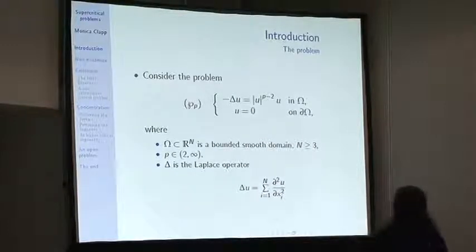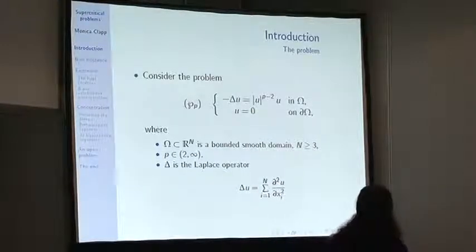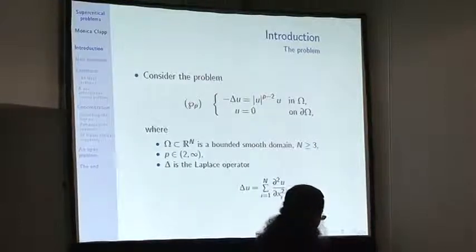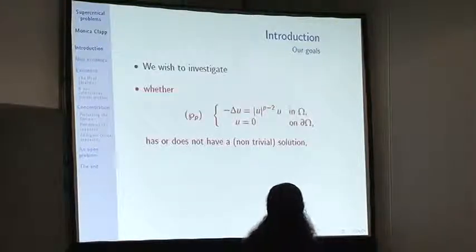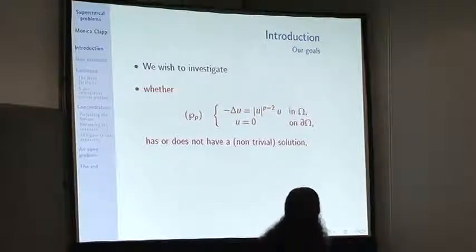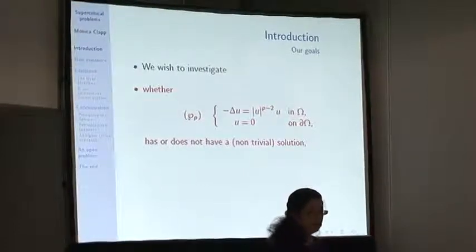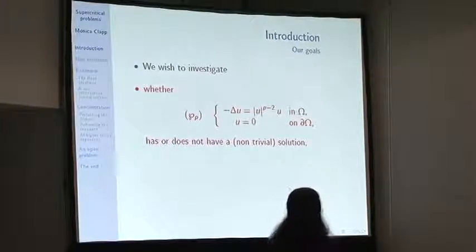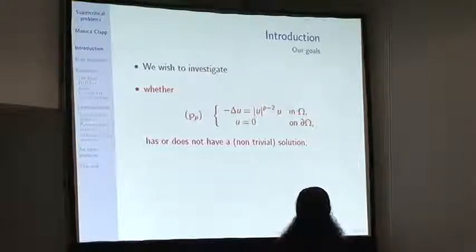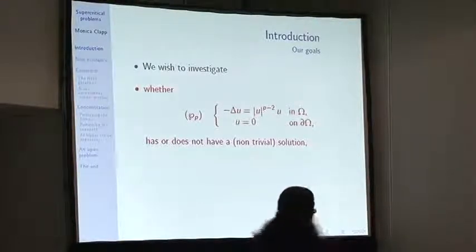So the first thing is, well, what do we want to know about this problem? The first question is whether the problem has or does not have a solution. And when I say solution, I always mean a non-trivial solution, because of course, u equal to 0 satisfies the equation and is 0 on the boundary of omega, okay?